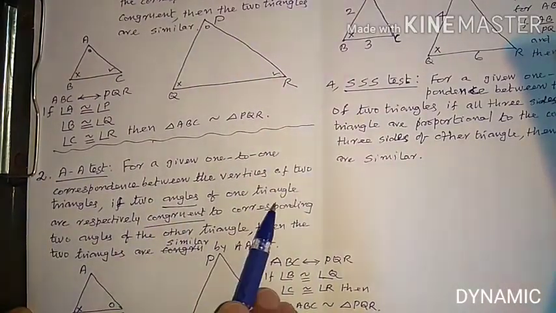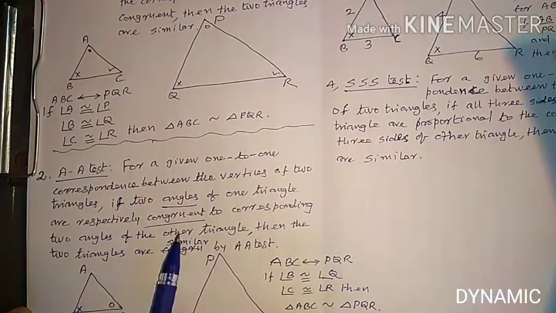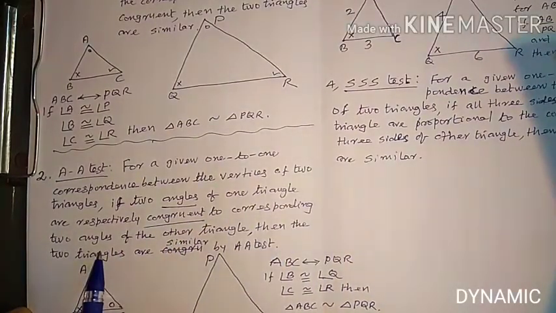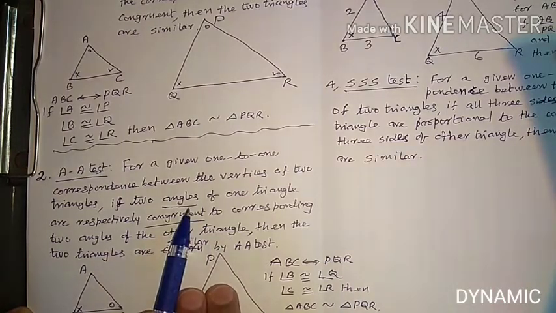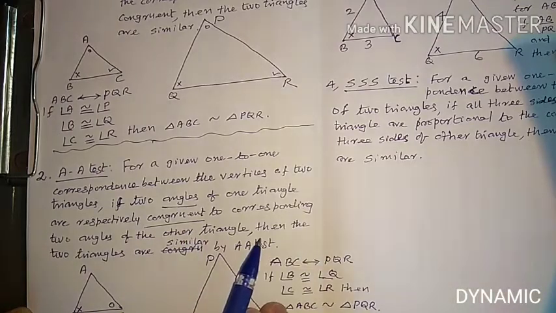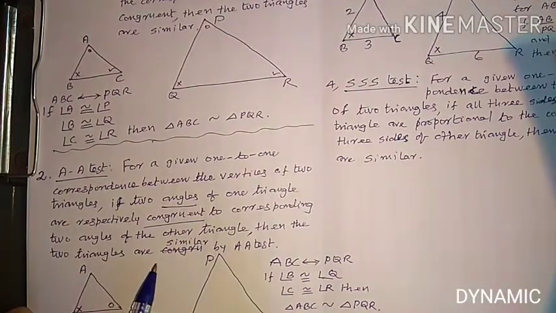If two angles of one triangle are respectively congruent to corresponding two angles of the other triangle, then the triangles are similar by AA test.